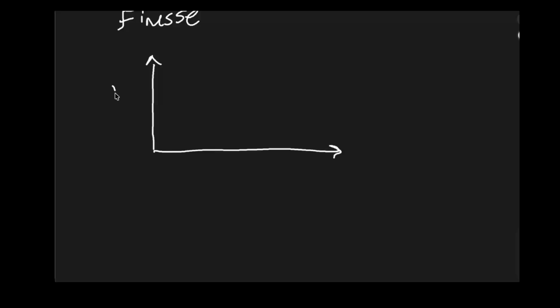Today we're going to talk about finesse. This has to do with optical cavities, and really what we're talking about is going back to our etalon conversation. We have transmitted intensity, I sub t, and frequency.